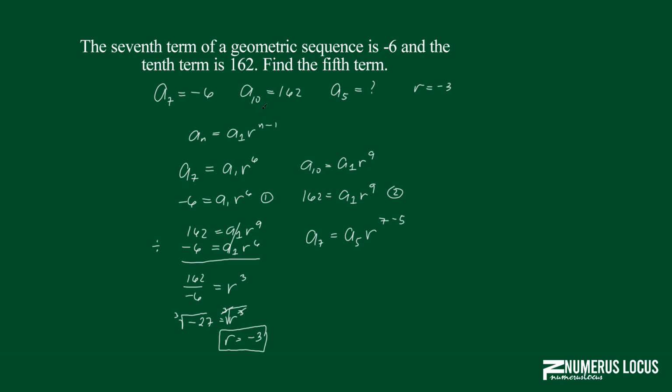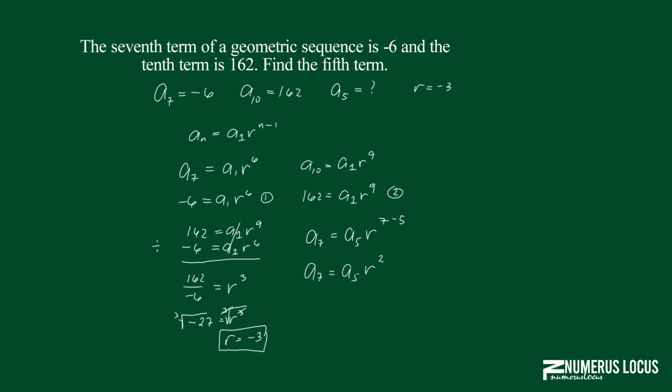For example, a sub 10 can be written as a sub 7 times r raised to 10 minus 7, which is r raised to 3. And in here we can simplify: a sub 7 equals a sub 5 times r raised to 2. That's 7 minus 5.